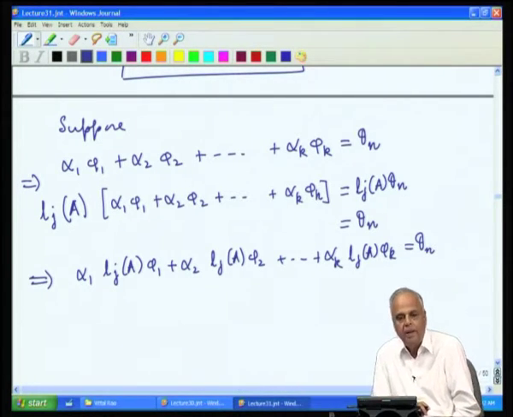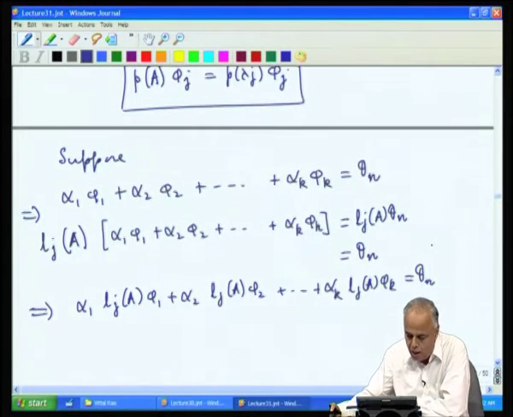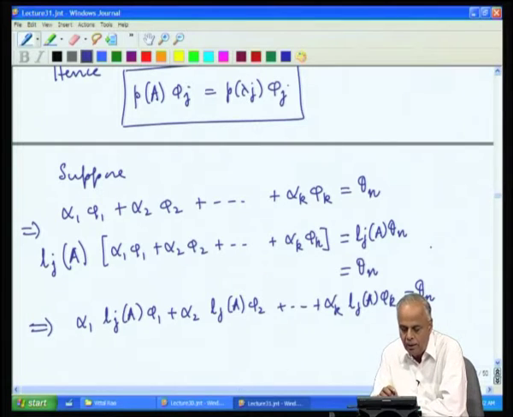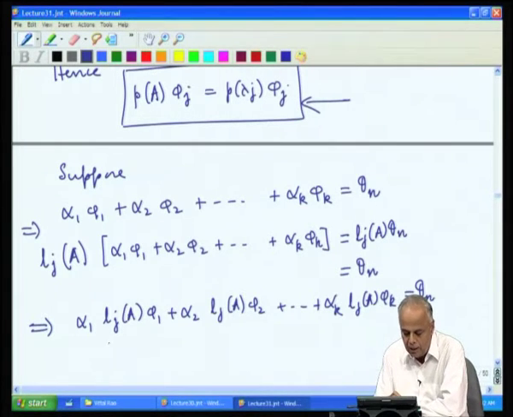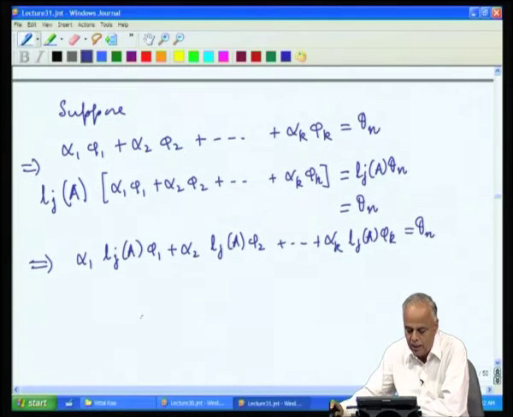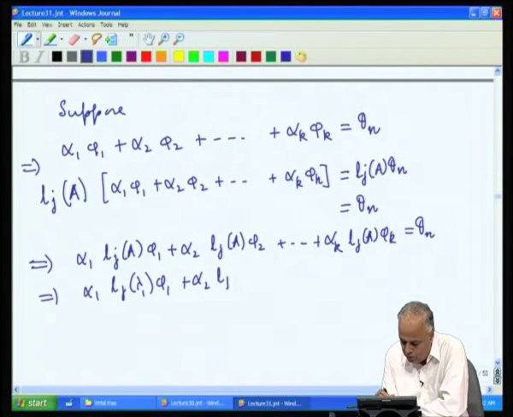Now, φ₁ is an eigenvector corresponding to λ₁, and we have seen that for any polynomial P, P(A)φ₁ will be P(λ₁)φ₁. So, Lⱼ(A)φ₁ will be Lⱼ(λ₁)φ₁. So, this will be Lⱼ(λ₁)φ₁, this will be Lⱼ(λ₂)φ₂, and so on.